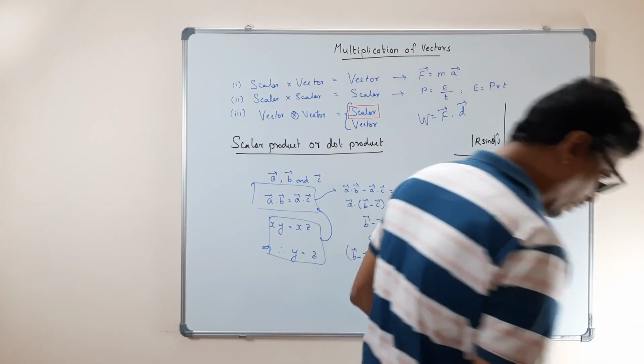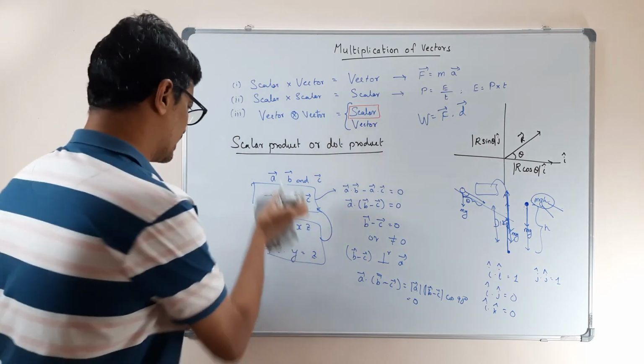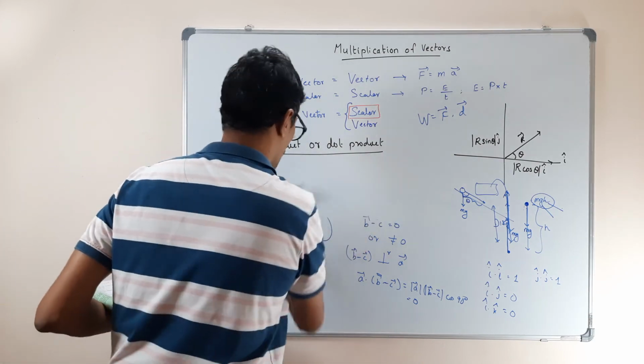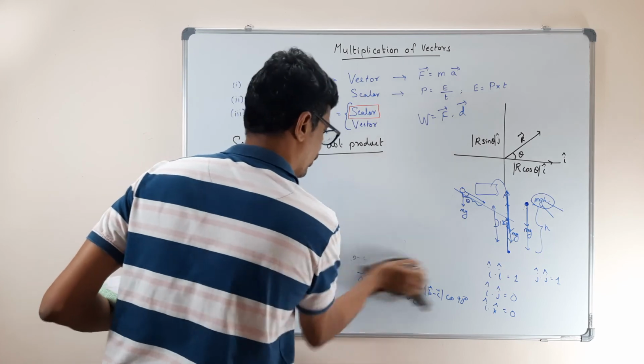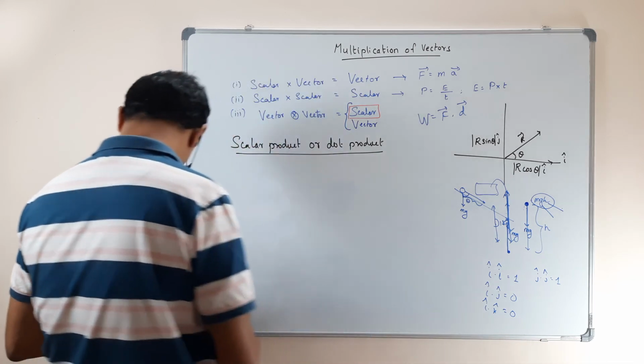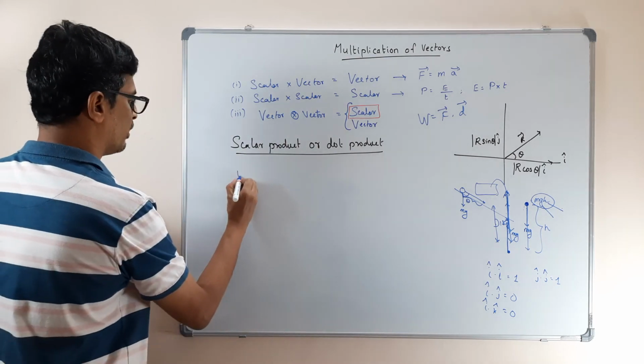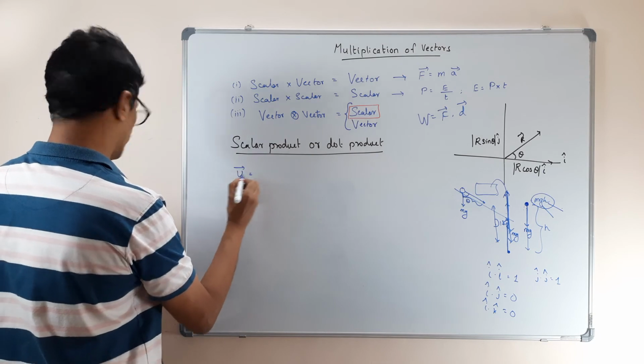Okay, there is a problem. I will not do it, but it's very simple. They are given two vectors. Suppose, for example, I am giving you a vector. Let me call this V1. V1 vector is a resolved vector.